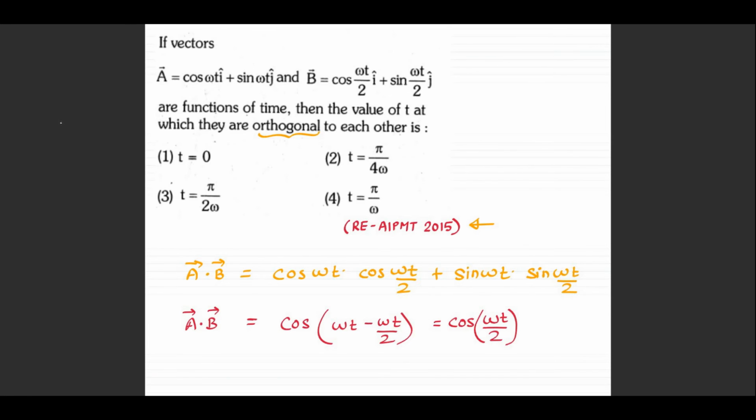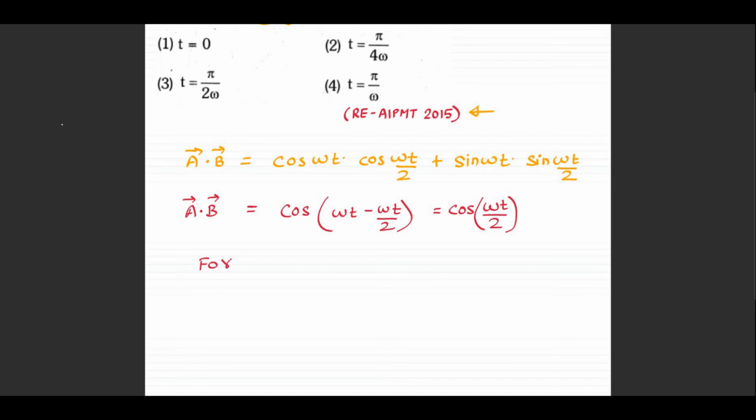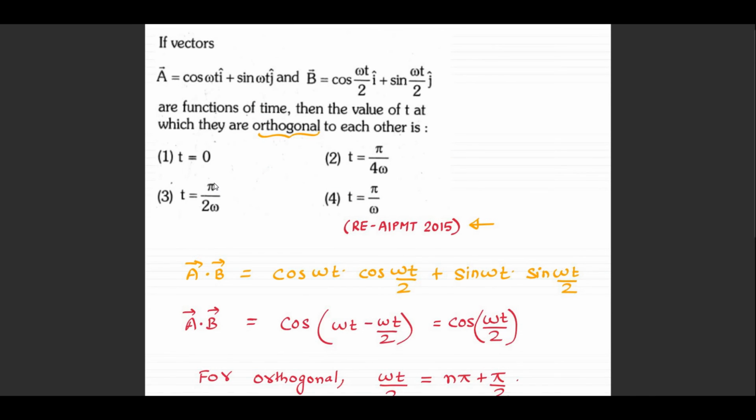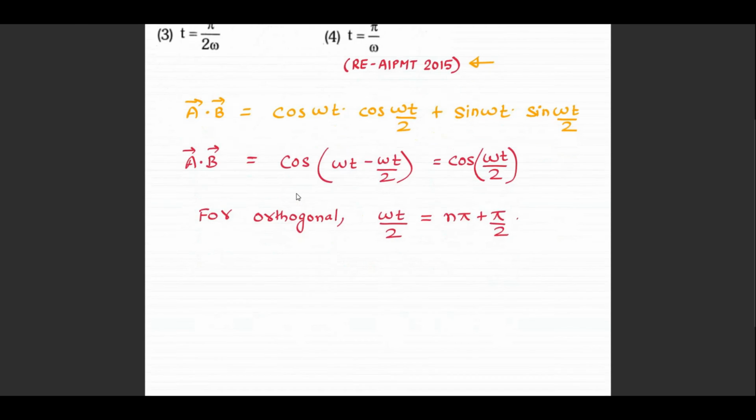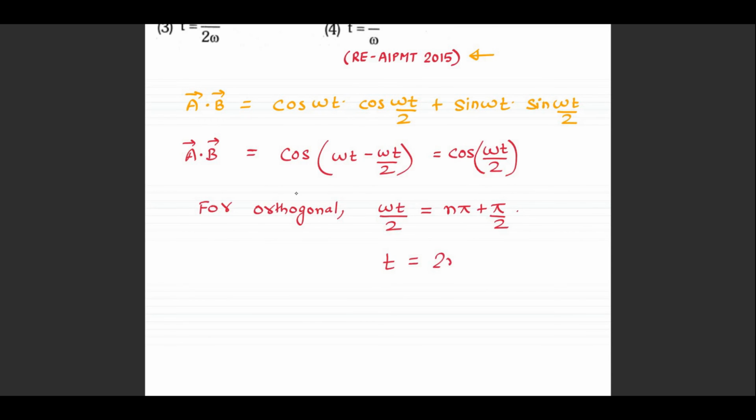If I want them to be orthogonal, can I say the dot product should be 0? So for orthogonal, the dot product should be 0, and the dot product is 0 when omega t by 2 is equal to pi by 2. Correct, right? Since we want it for the first time, the value of t for which they are orthogonal, this t will be pi by omega.